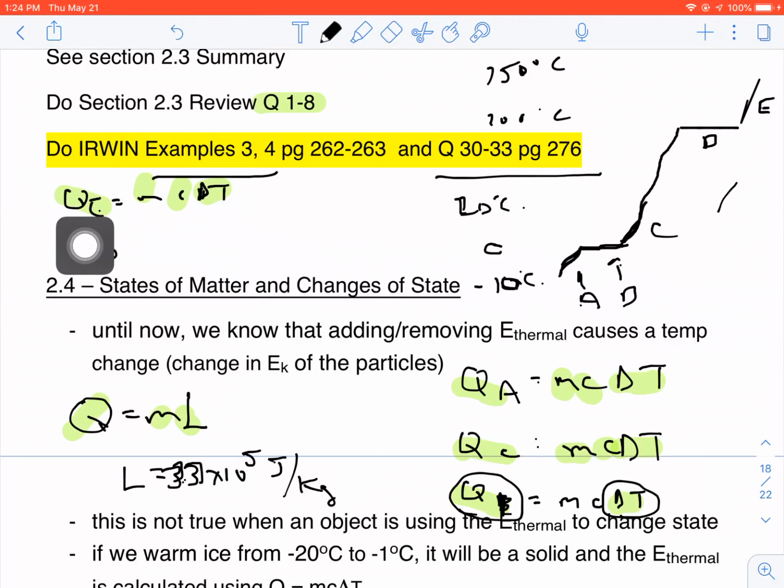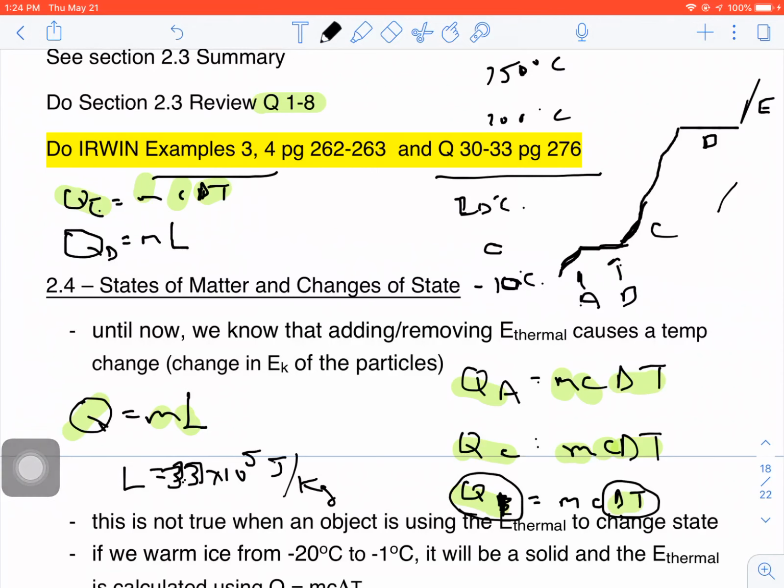So if there's QE, but the delta T is 0, that's telling me again, this must be the wrong formula, right? So the formula that I have to use is the same formula that I had before. Q is equal to m times L, the one that I've got down here for when I had a change of state for water before.